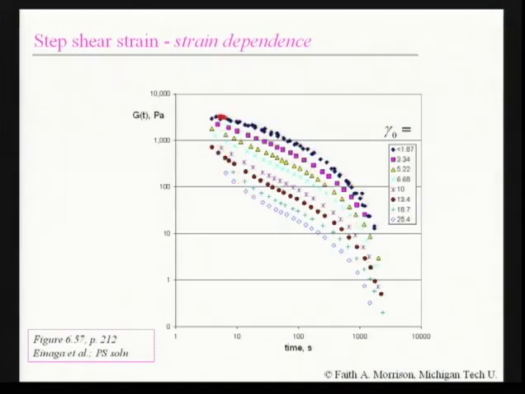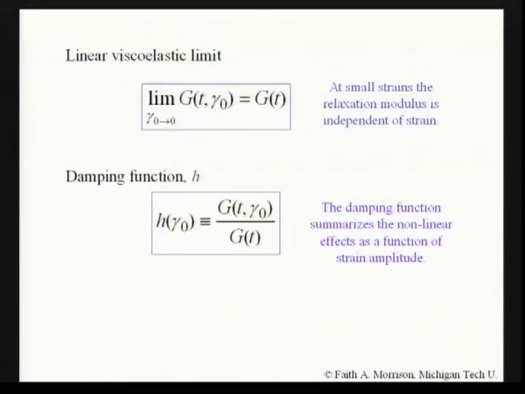So this is a very common measurement. The linear viscoelastic limit, and we're going to study a constitutive equation that works in the linear viscoelastic limit. This is the material function, G of t. It's a function of the size of the step normally, but in the linear viscoelastic limit, it's only a function of time.